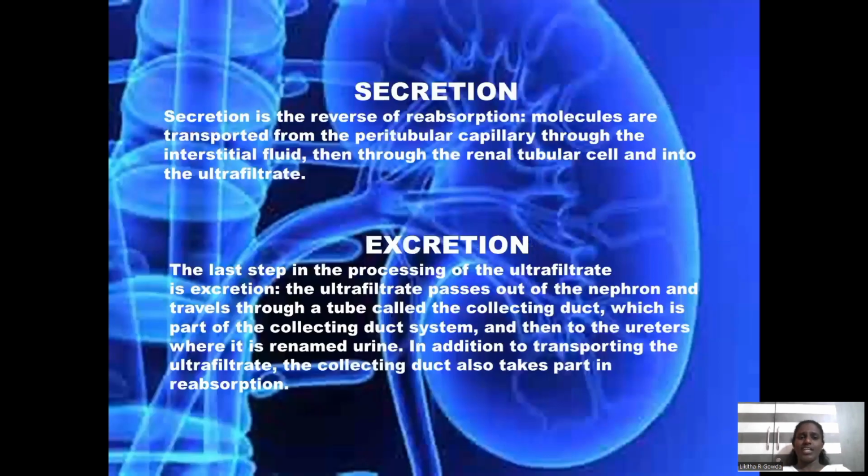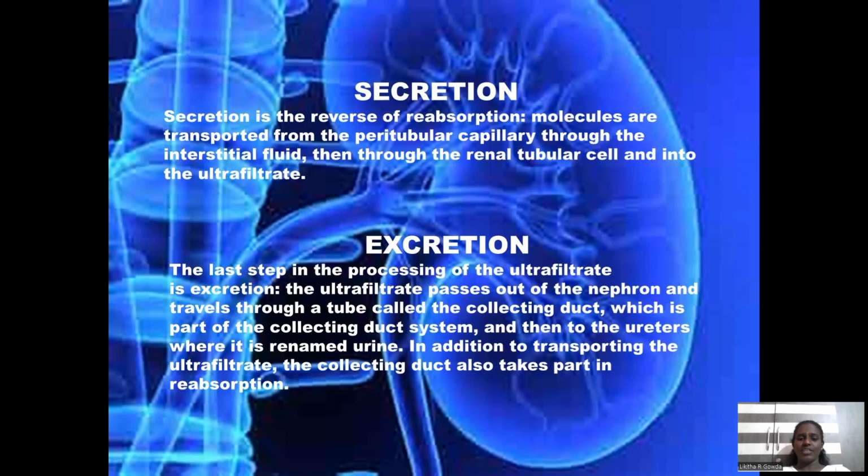Secretion. Secretion is the reverse of reabsorption. Molecules are transported from the peritubular capillary through the interstitial fluid, then through the renal tubular cell and into the ultrafiltrate. Next, the last step is excretion. In this, the processing of ultrafiltrate is excretion.